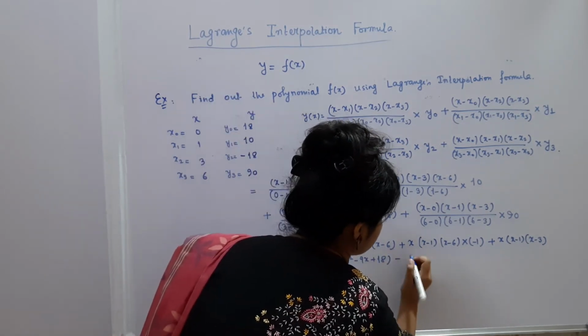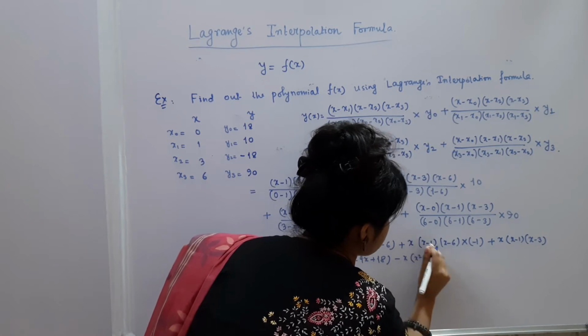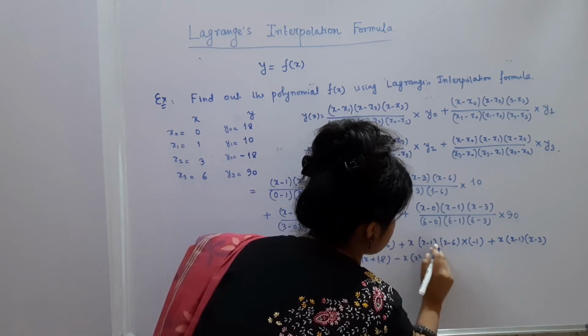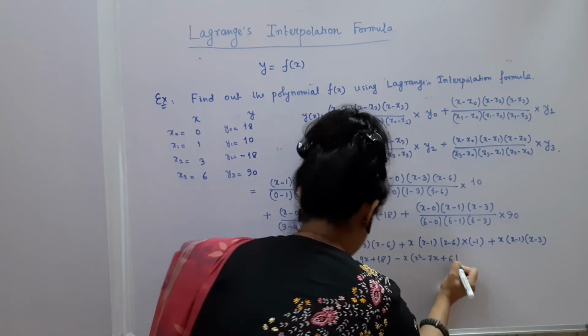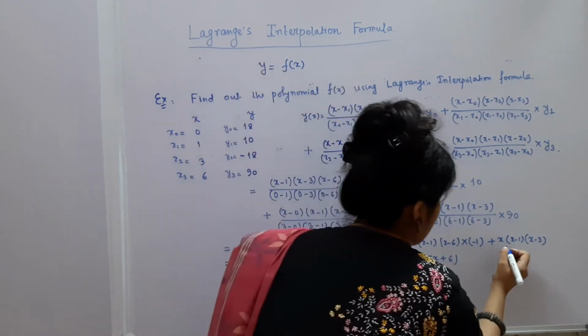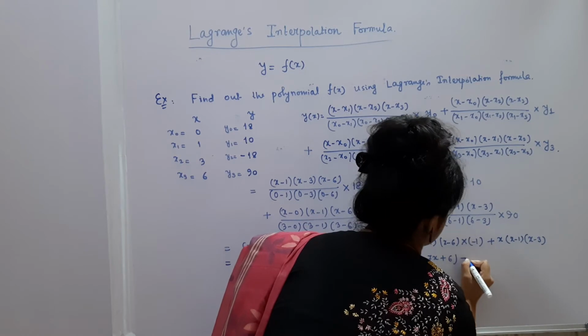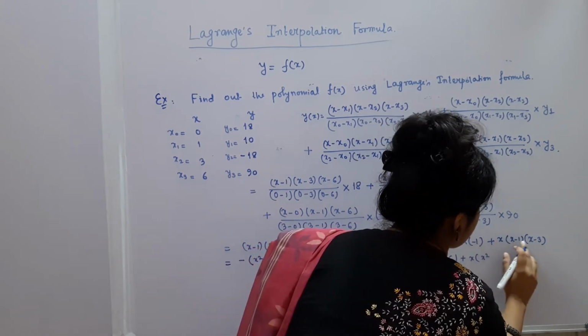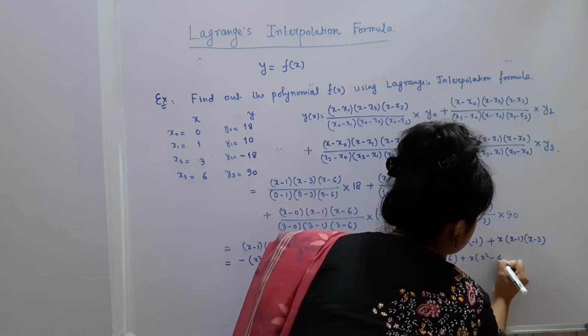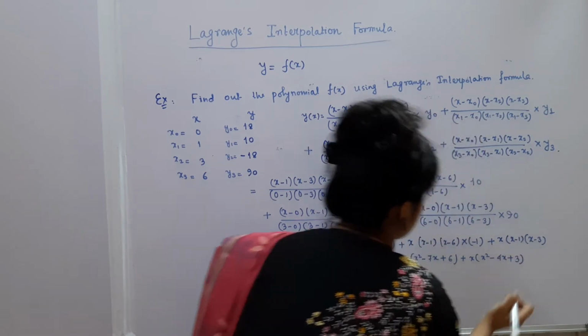Here, x square minus 6x minus x, so minus 7x plus 6. Now in the last term, x square minus 3x minus x, so minus 4x plus 3.